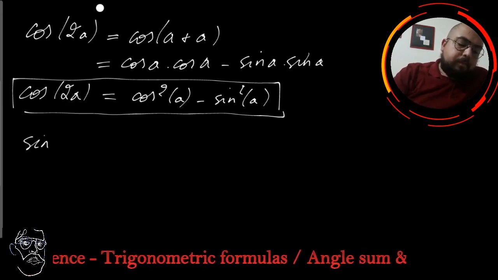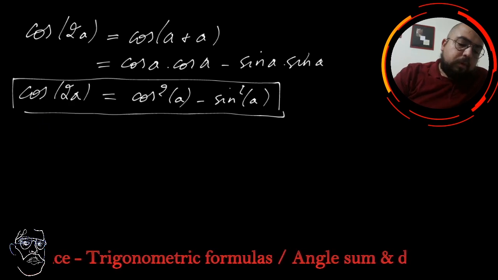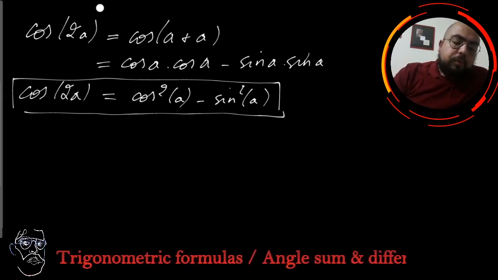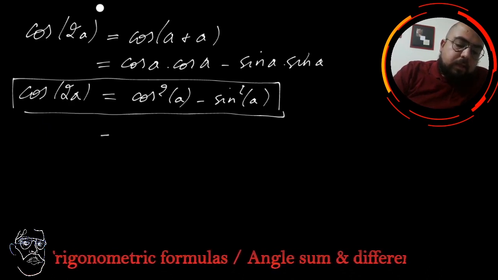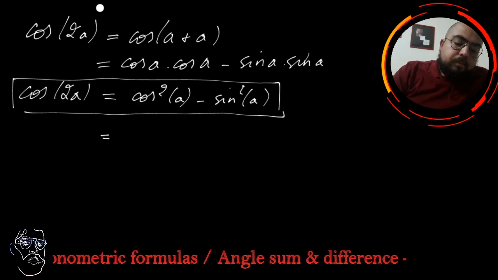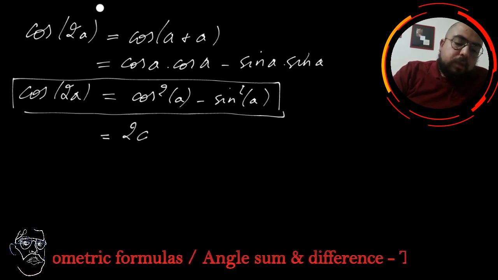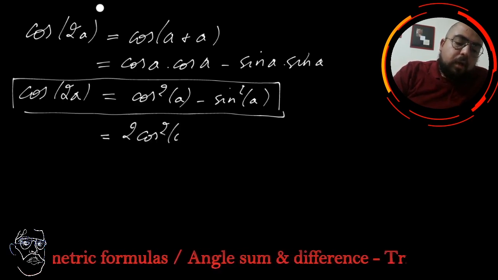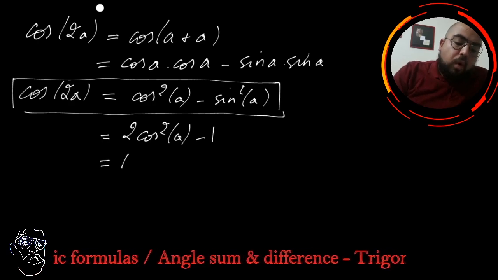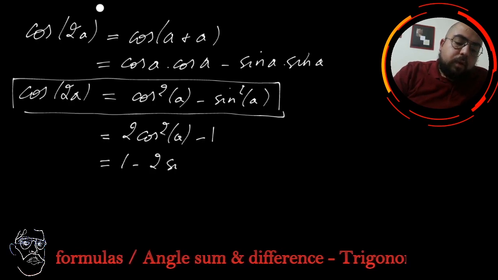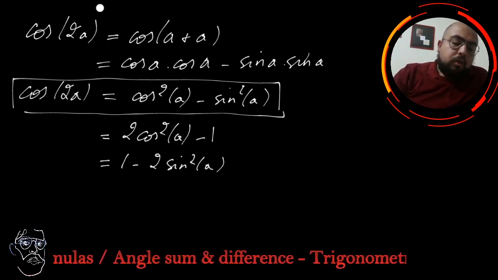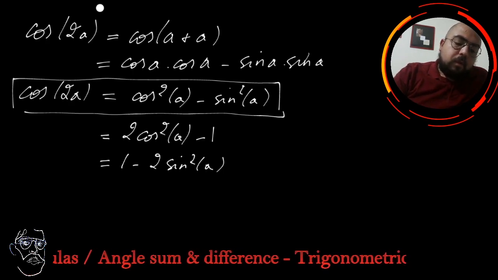I'm going to talk also about some rearrangement for this formula. We can say that it's equal to 2 cosine squared A minus 1, or it's equal to 1 minus 2 sine squared A. Alright, you can use these formulas also.